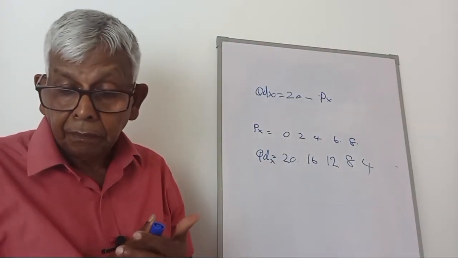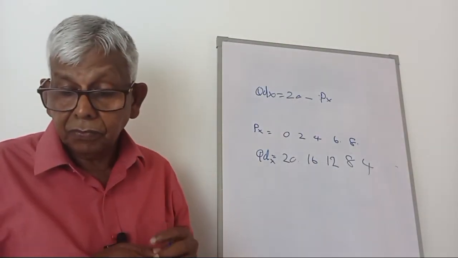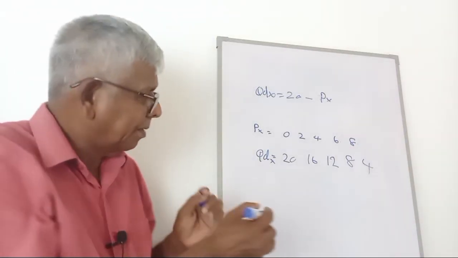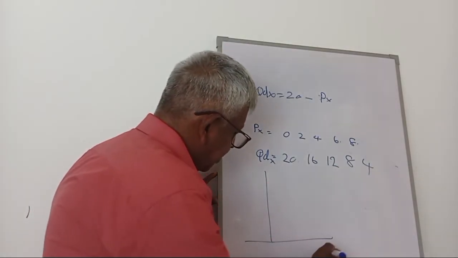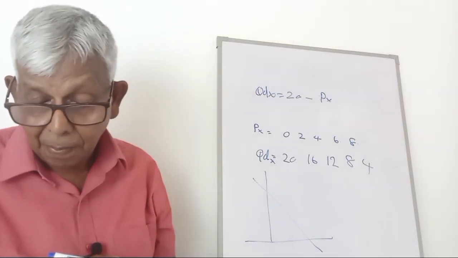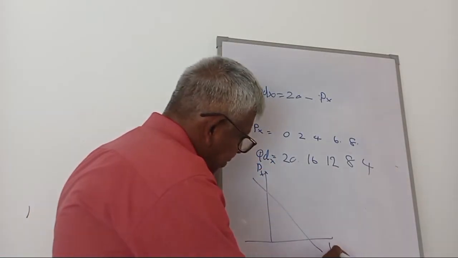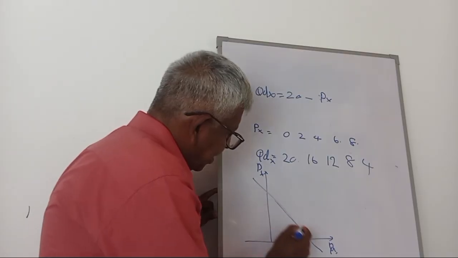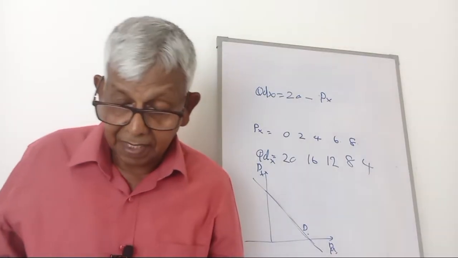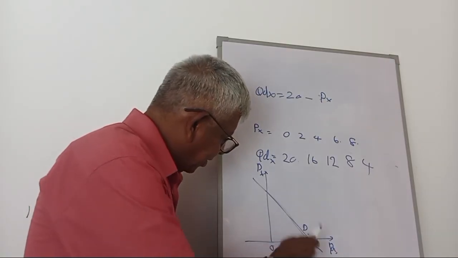We can build up the demand curve too. So here, PX and QX, a negative slope demand curve. It is very clear. Zero, positive, here negative.